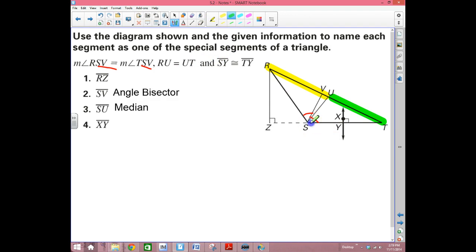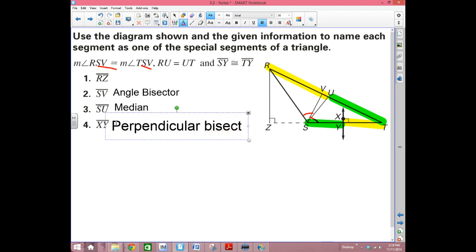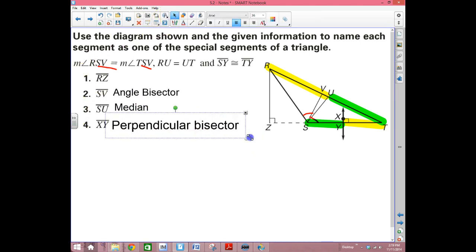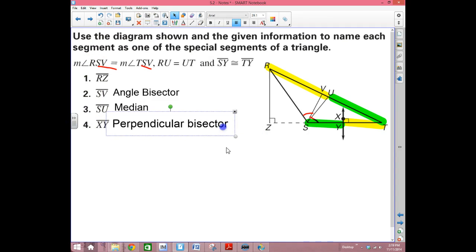That means SY here is the same length as TY here. And we see our perpendicular line to it at XY, so XY is the perpendicular bisector then. And RZ has to be the altitude.